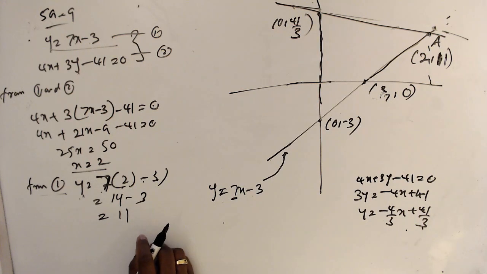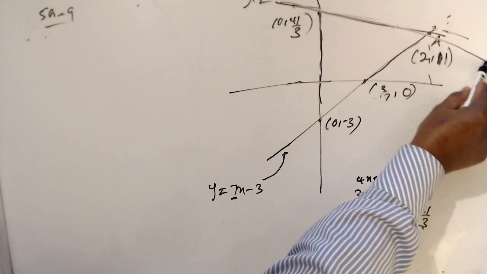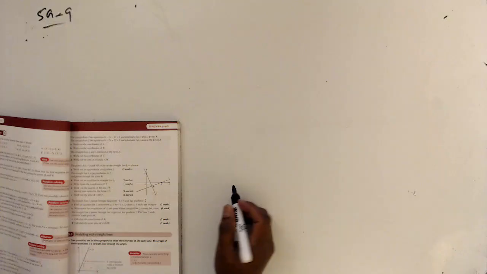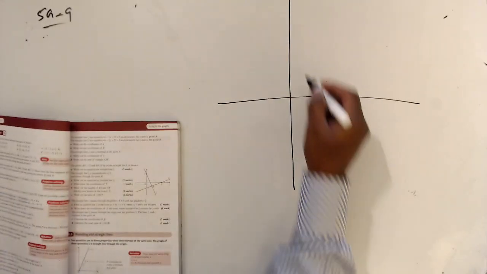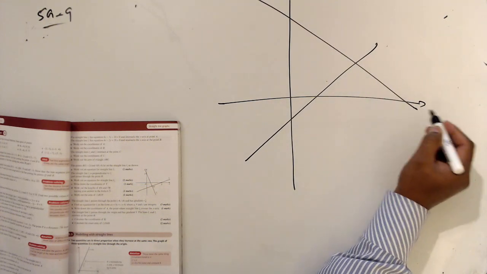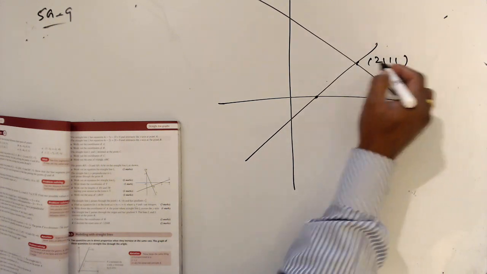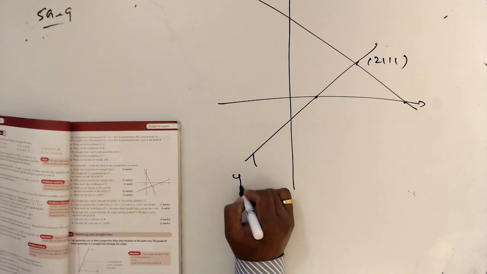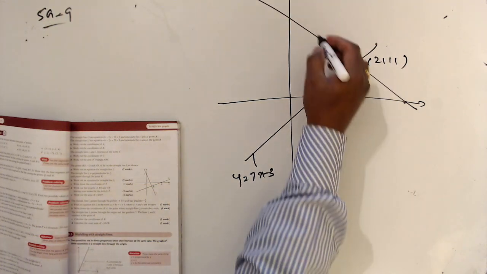And yes. Now the L2 line crosses the x-axis at B. So I have to rework the graph. This is 2, 11. Y equals 7x minus 3.